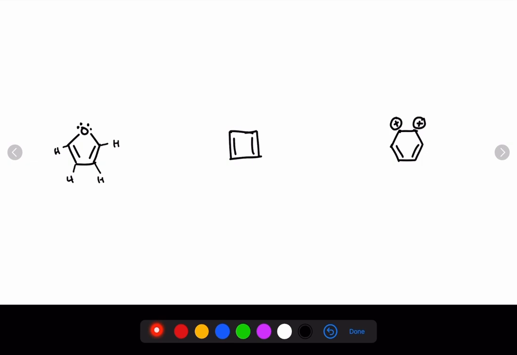Let's push the lone pair to our bond. And now since that carbon has too much stuff on it, too many electrons, we're going to push that pi bond out onto the next carbon. So our resonance structure is going to look something like this.